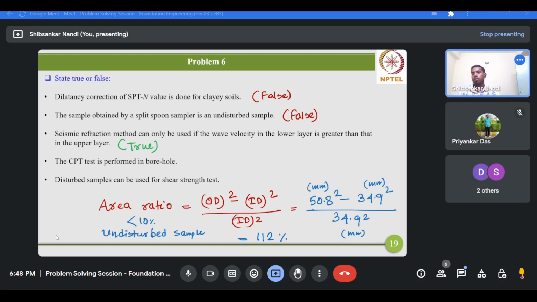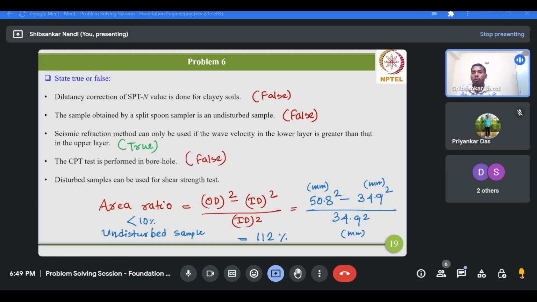What is your answer? If you follow the procedure involved in performing the CPT test, you can easily understand that there is no need for a borehole. Therefore, this statement is also not true.